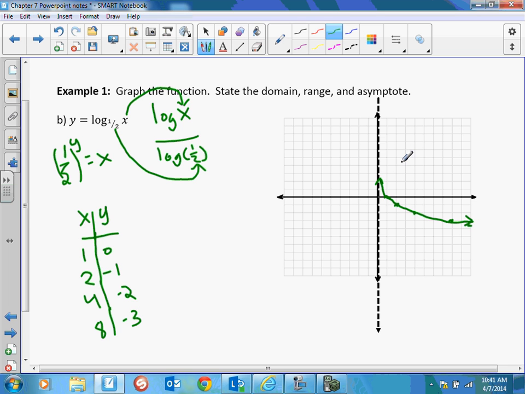It just runs along that line forever. If you got infinitely close, like 0.0005, it's going to get close to that line. So that would be the graph. Domain is x greater than 0. Range is all real numbers, and our asymptote is x equals 0.